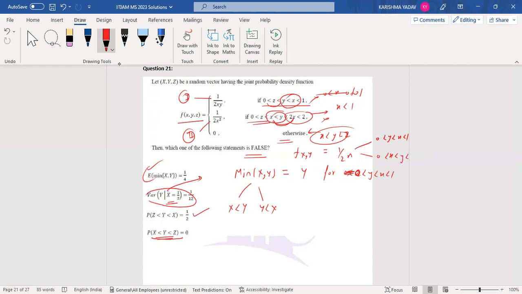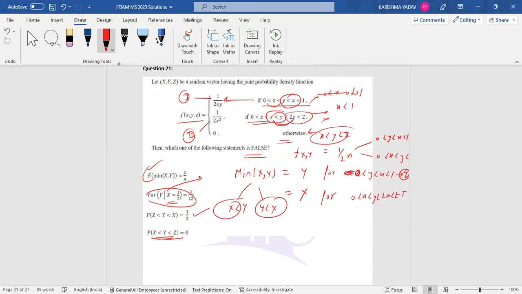If y is the minimum, that is y is less than x, then it will lie in the first region, 0 less than y less than x less than 1. If x is less than y, that is x is the minimum of x comma y, then it will lie in the region 0 less than x less than y less than 2x less than 2.